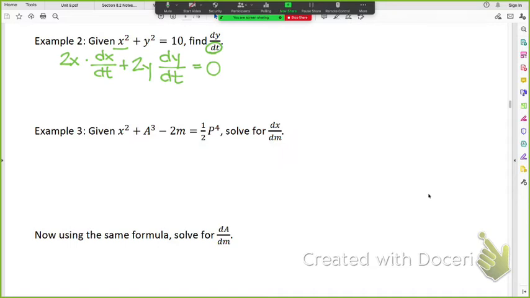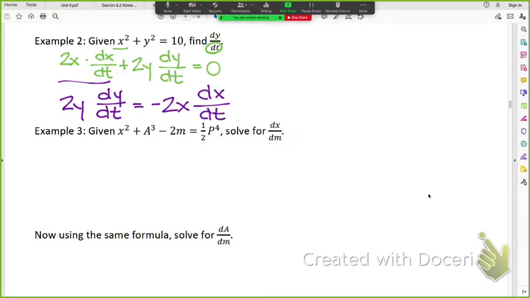So if I would like to get dy dt by itself, what do I need to move? Minus the stuff with the x to the other side. You might have a d something in your answer, and that's okay. Now, what do you still have to get rid of to get dy dt by itself?